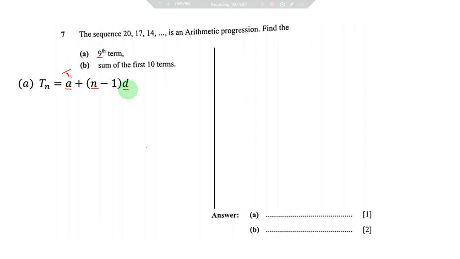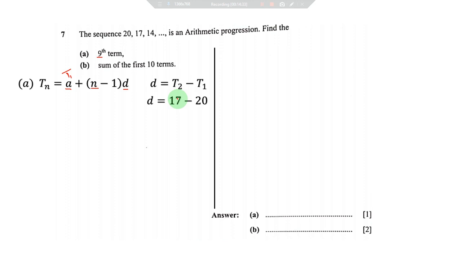Third is D. D is representing the common difference. Okay, so first step is to find the common difference because we don't have it. So common difference is equal to second number in that sequence minus the first number in that sequence. Okay, so the second number is 17, the first number is 20.